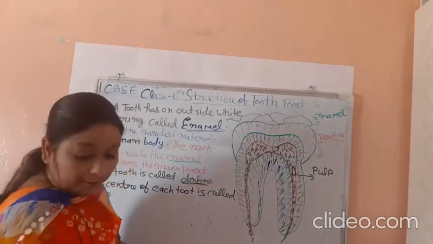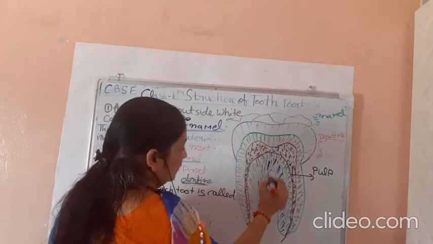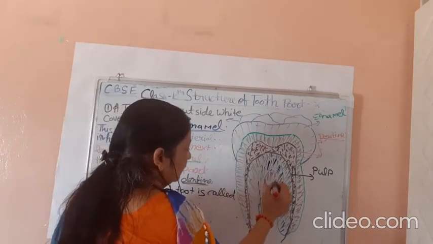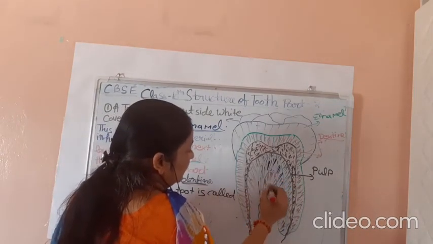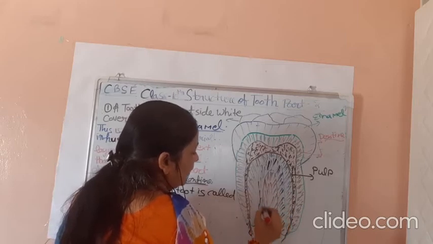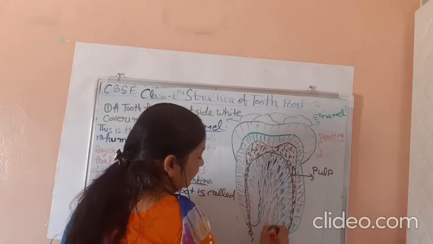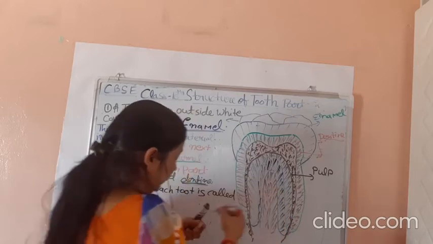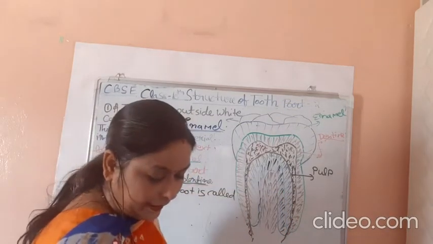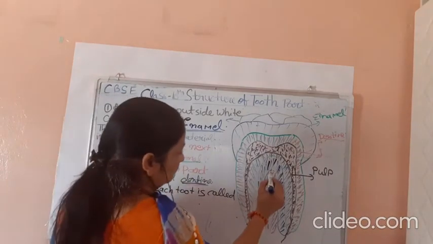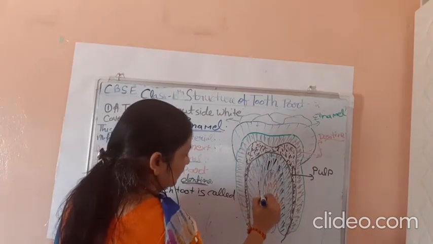Firstly, we have completed this diagram. The pulp is a soft structure, and blood vessels and nerves are present in it.